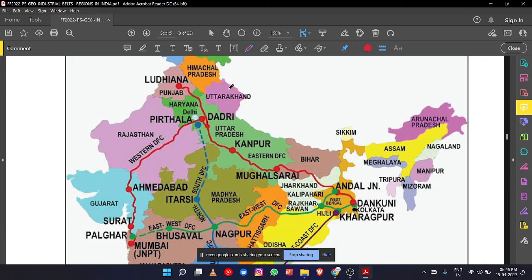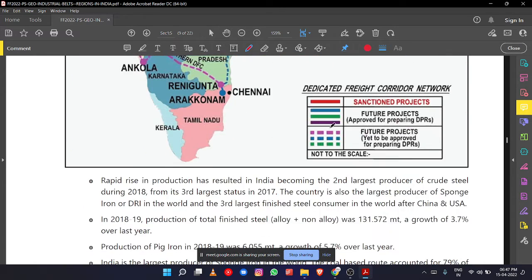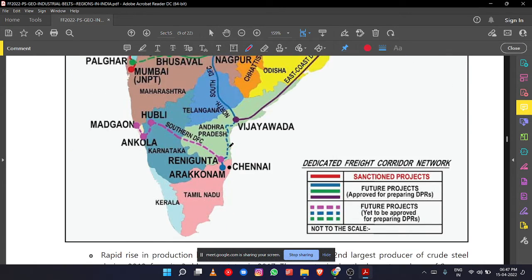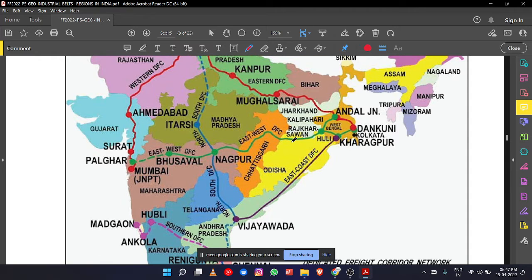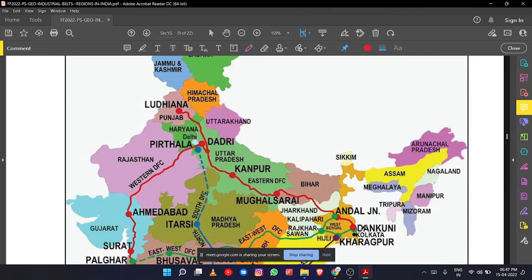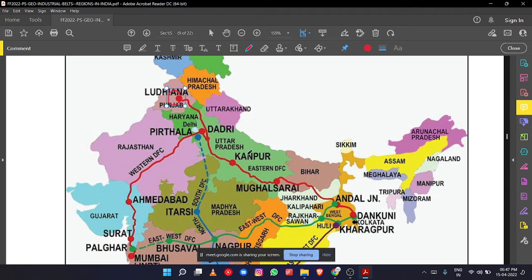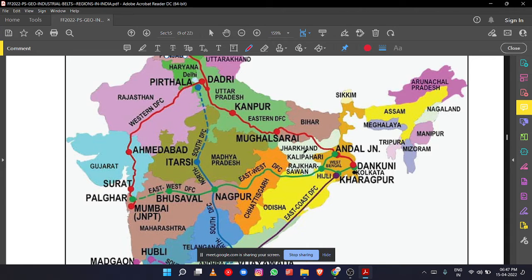Here the map of the dedicated freight corridor network has been clearly mentioned. This is the eastern one, this is the western one, the red color line, from Ludhiana in Punjab, covering the Dadri area in Uttar Pradesh, Kanpur area, this Mughal Sarai area in Bihar, and then coming to Kolkata finally.